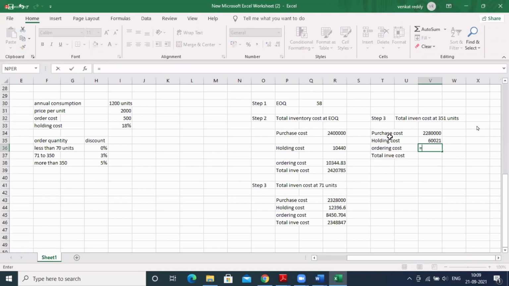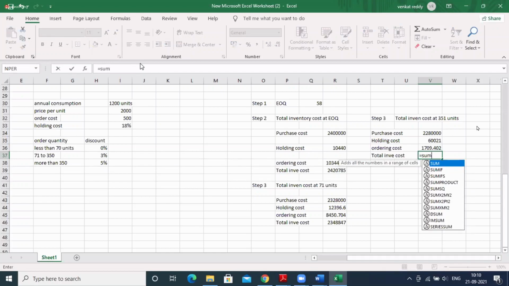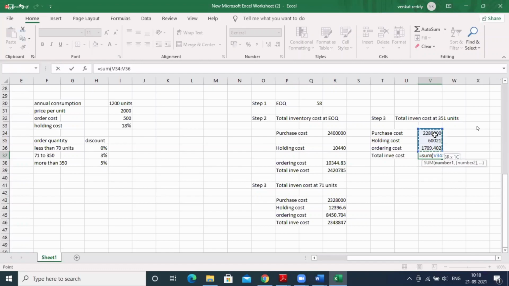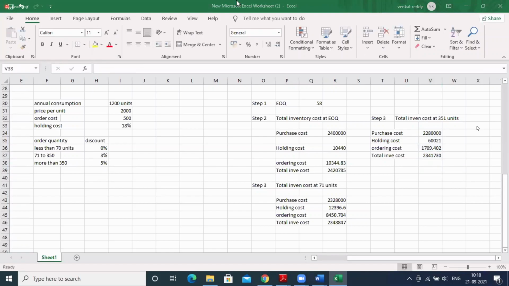Then ordering cost, 1079.4. So yeah, the total inventory cost is 23,41,007.